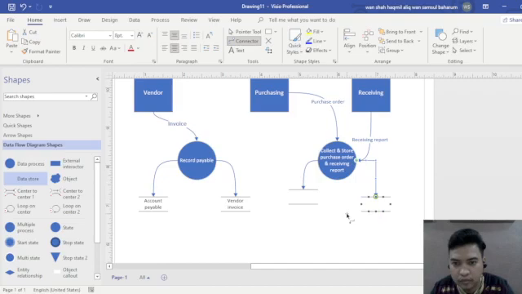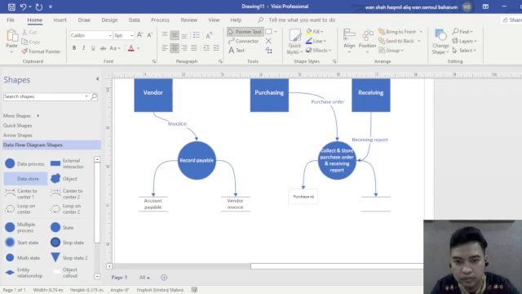This we name the purchase order, where purchase order will store, and this we name the receiving report.